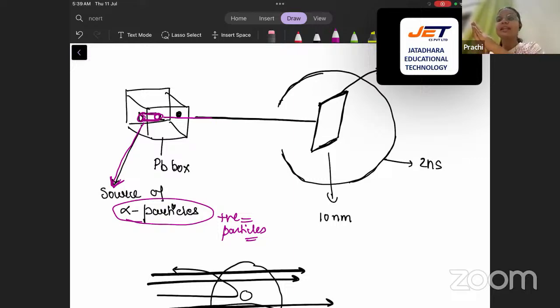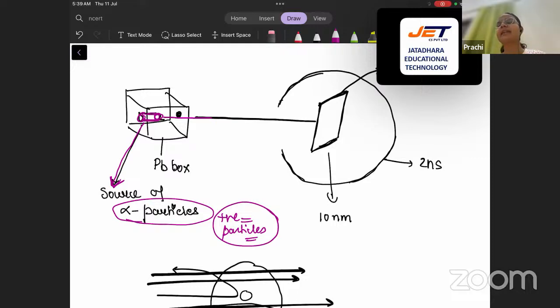Their expectation was that even though this is also positive, and this is also positive, these positive particles would still come and pass through this gold foil. They should pass through the atom. Why? Because these alpha particles are very, very small compared to an atom.